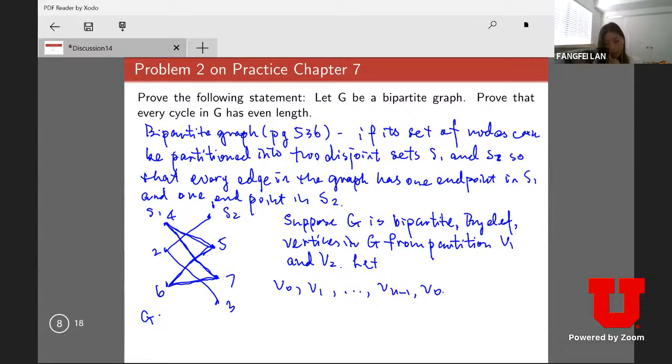The cycle goes back to its origin, right? So where do we go from here? Think about where the vertices belong.